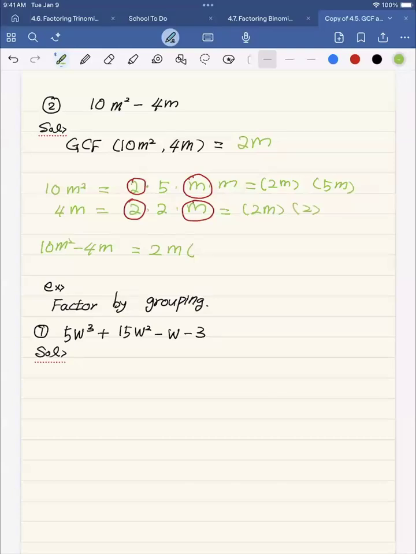So these 2m are taken out. So what we have to write down as a first term will be 5m and minus. The other factor is 2, so we write 2 there.